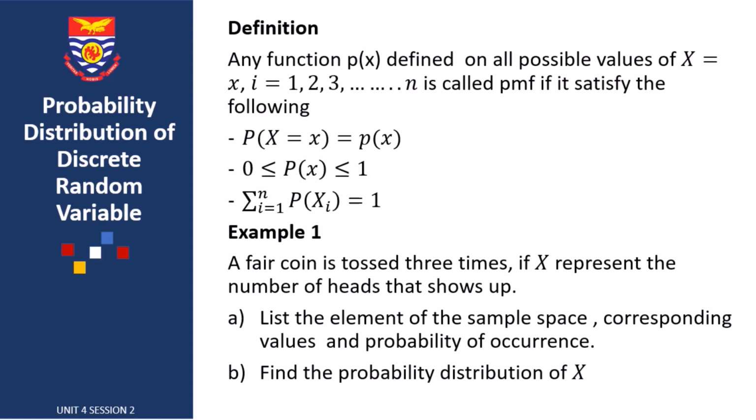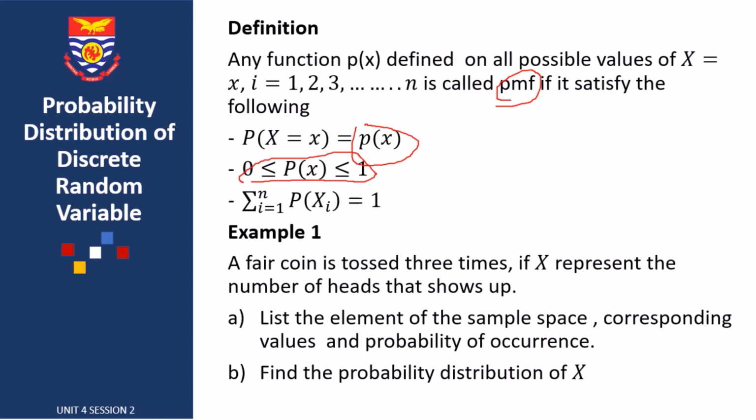Definition: any function p of x defined on all possible values of x, where xi takes values from 1, 2, 3 up to the nth number, is called a PMF, that is, a probability mass function, if it satisfies the following conditions. One, each value of the random variable x should have its corresponding probability, and each probability ranges between 0 and 1.